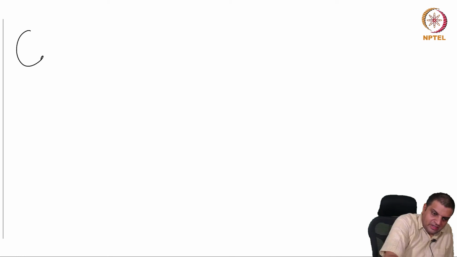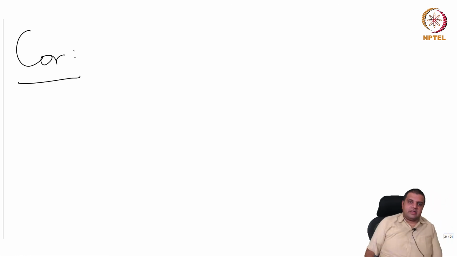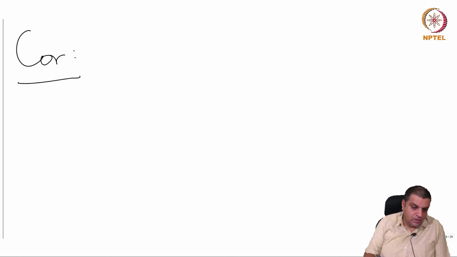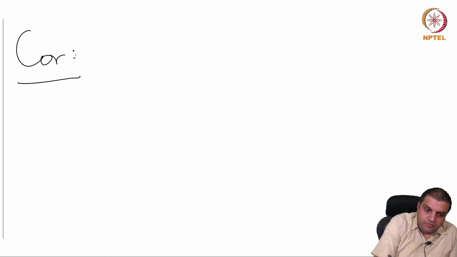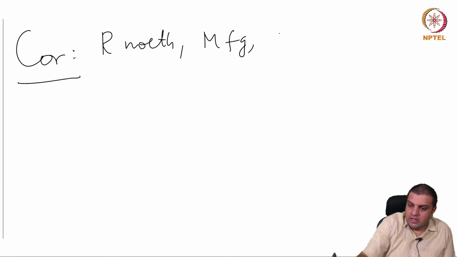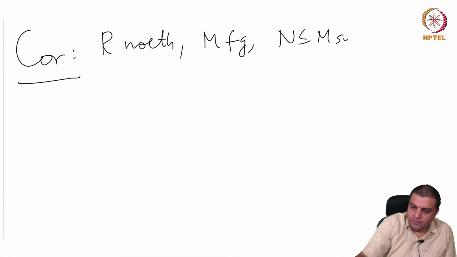So now we can strengthen the earlier corollary a little bit. R Noetherian, M finitely generated, and N a submodule.